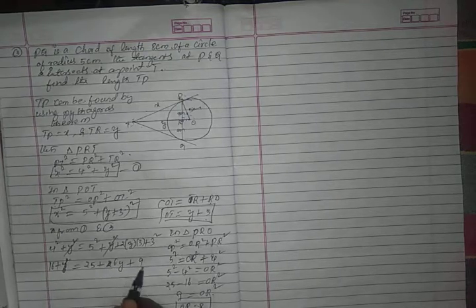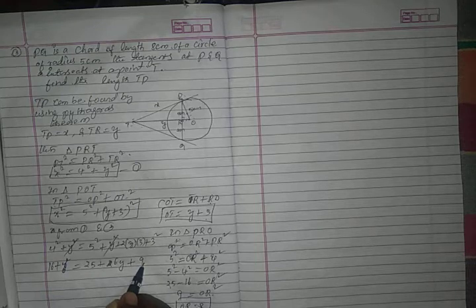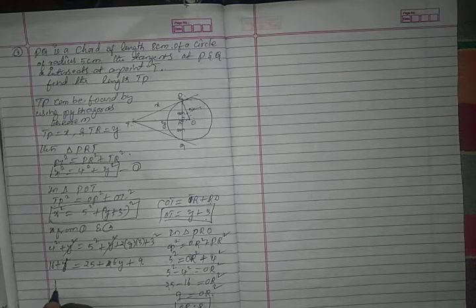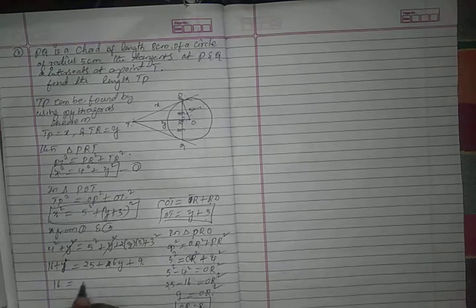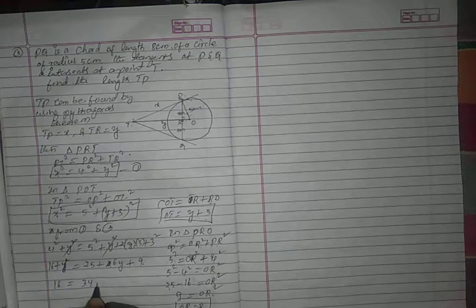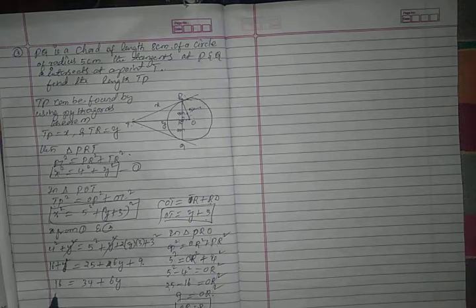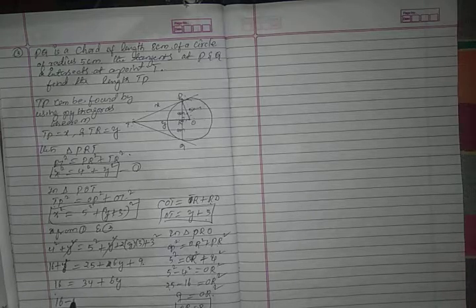Again 25 plus 9 is 34. 16 is equal to 34 plus 6y, and then 6y.